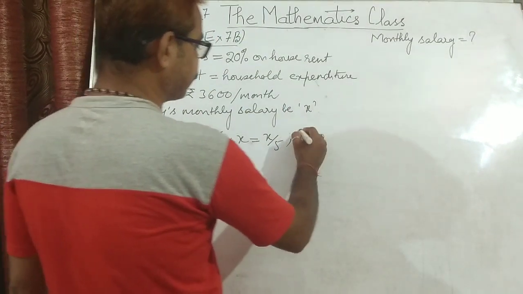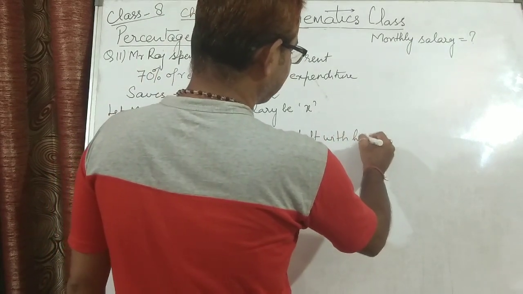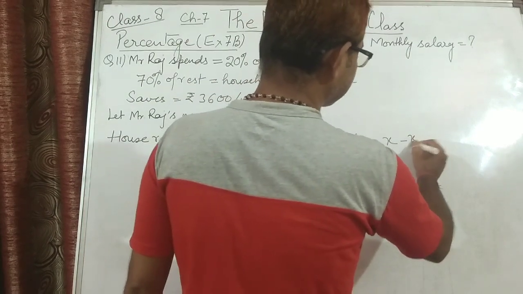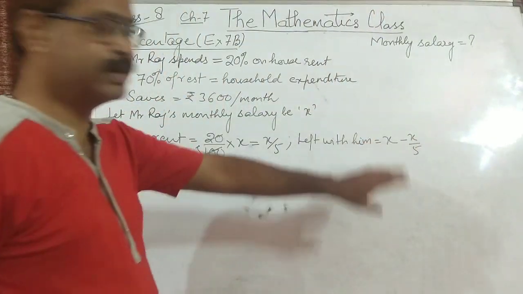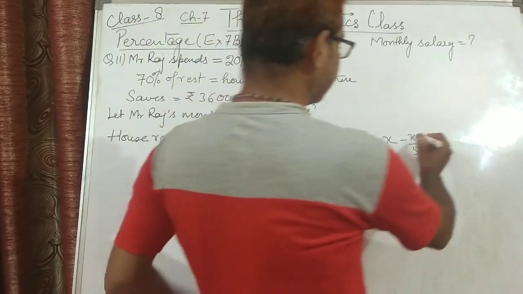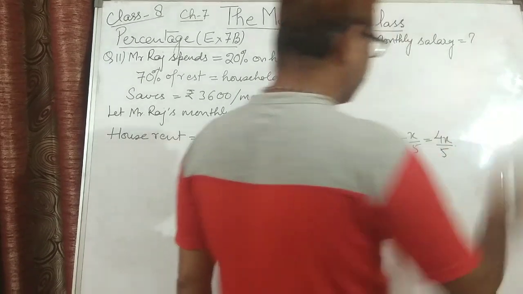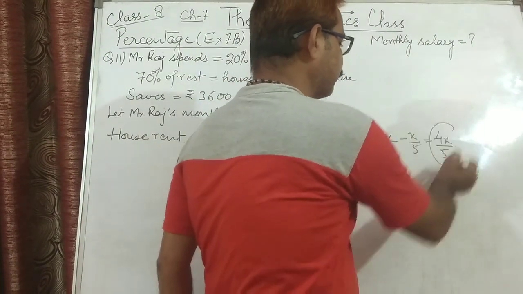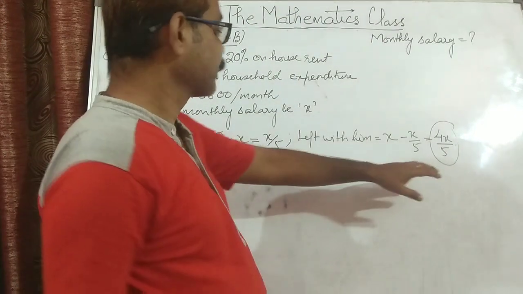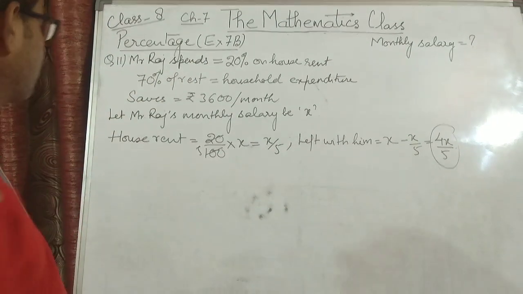Now how much is left with him? That is, out of X we will subtract X upon 5, because this he has already paid as house rent. So it will be X minus X upon 5, which is 4X upon 5. Now of this 4X upon 5, this is the rest. Of this 4X upon 5, he is spending 70% on household.